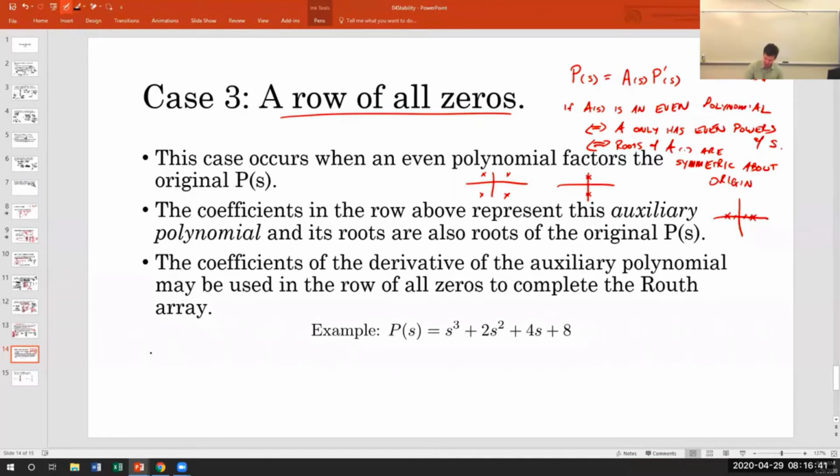So this example, we've got a third order polynomial, so s to the 3, s to the 2, s to the 1, and s to the 0. And if we populate this serpentine style, we get 1, 2, 4, and then 8. And then here straight away, we get 2 times 4 minus 8, so that's 0.